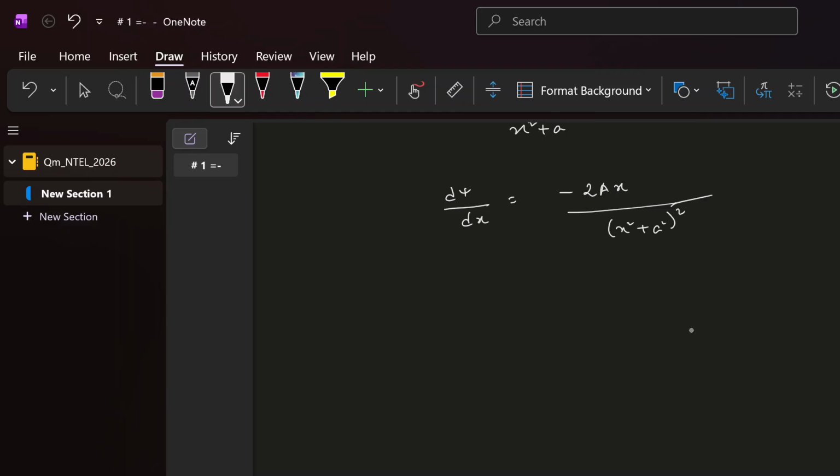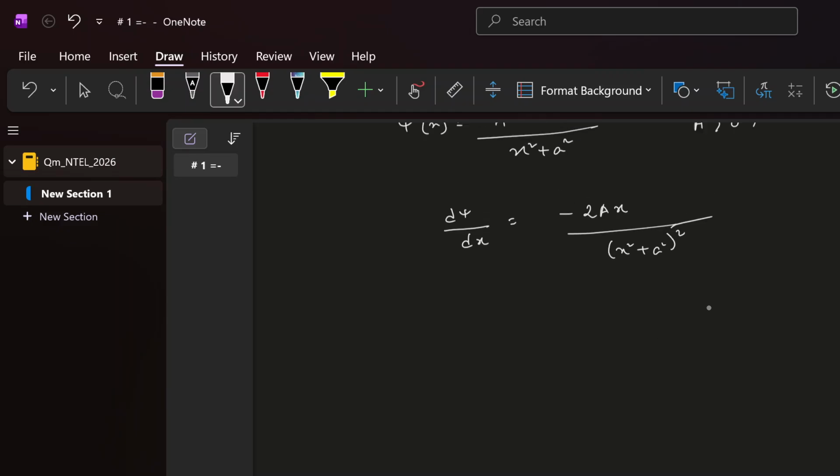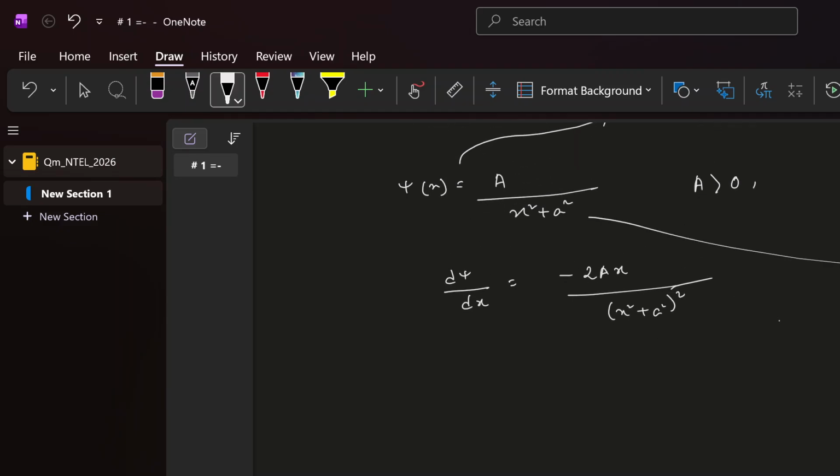So this derivative you can get from here, and this is simple to do, I guess. You can assume y equal to x squared plus a squared, and then d psi dx equals d psi dy into dy dx.